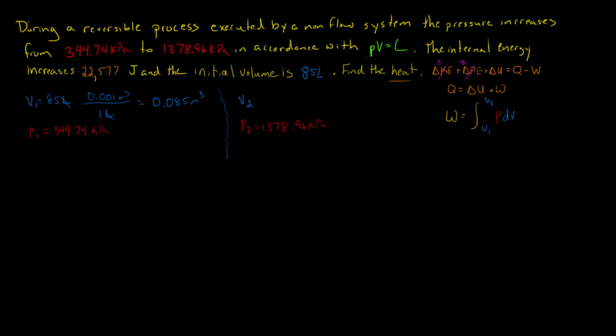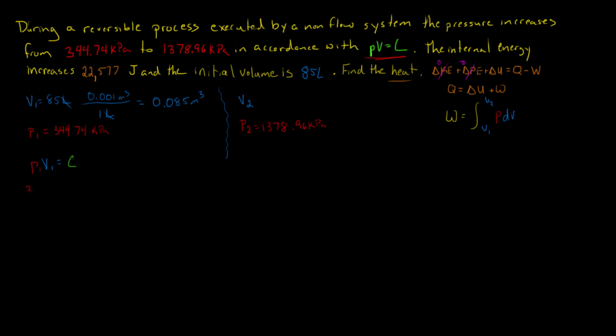And we're also told that it's increased with the relationship PV is equal to C. So what does that mean? That means if I say P1 times V1 is equal to C, then I can get a constant for C, and I can figure out what V2 is.